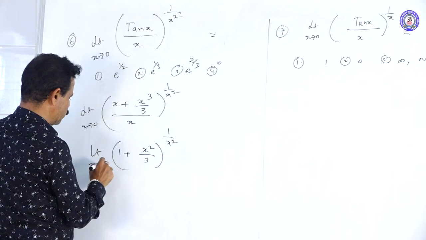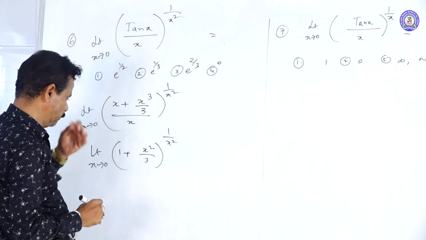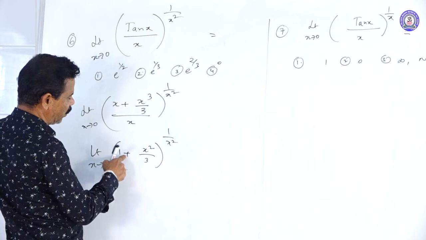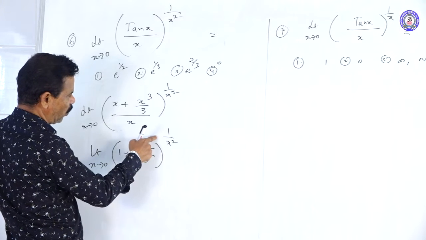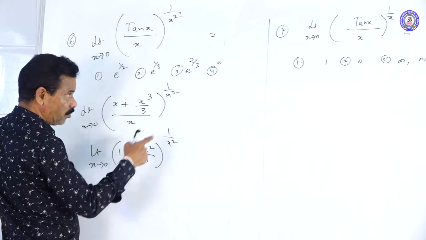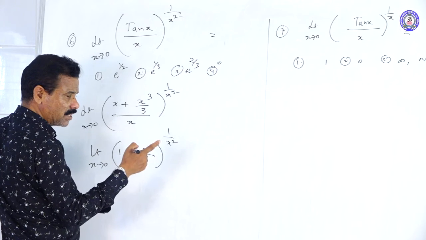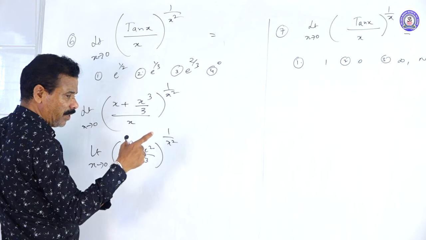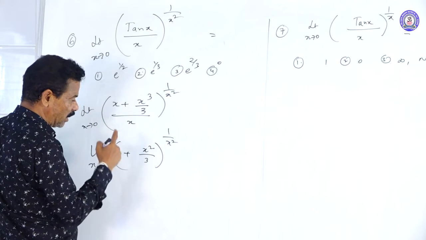Limit x tends to 0. So this is the 1 plus 0 to the power of infinity form. So it is arranged as in previous problems, (1 plus p by x) power x, or (1 plus x by p) power 1 by x, that type.